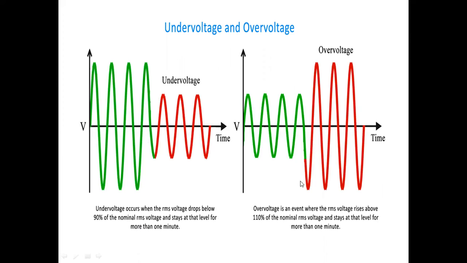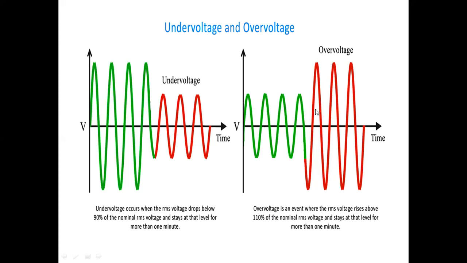Next, over voltage. Here is the definition: over voltage is an event where the RMS voltage, root mean square voltage, rises above 110%. This red color is the over voltage. The RMS voltage rises above 110% of the nominal RMS voltage and stays at that level for more than 1 minute.